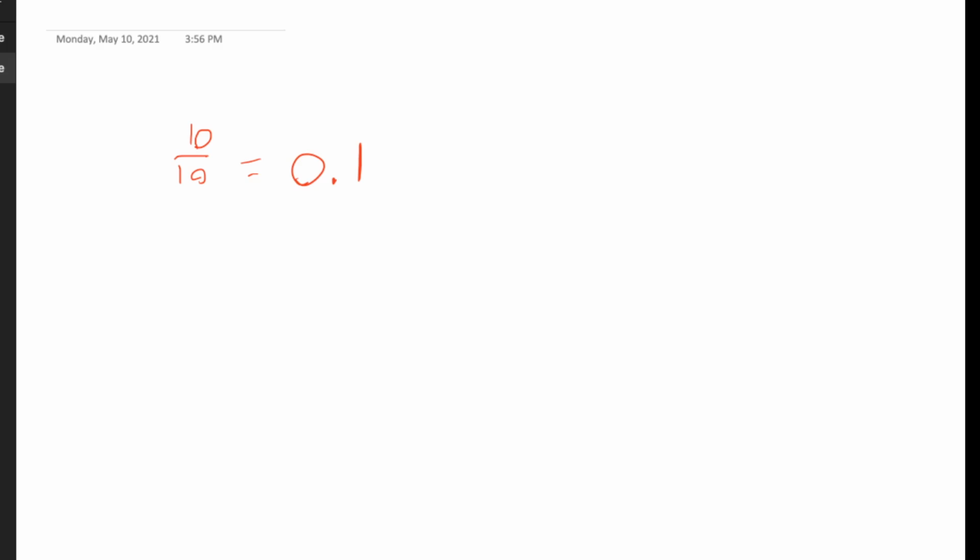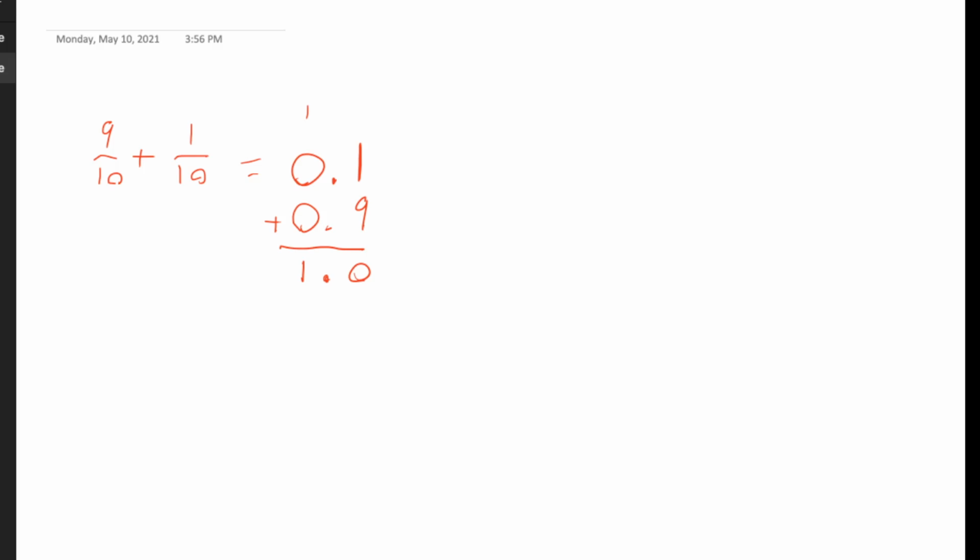So to do that, we would have to add 9 more tenths. If you added 9 more tenths here, what would you get? Well, you would get a 0 here, and you'd put a 1 up there, and you'd keep the decimal, and this would just be 1. So 10 tenths makes 1 whole.